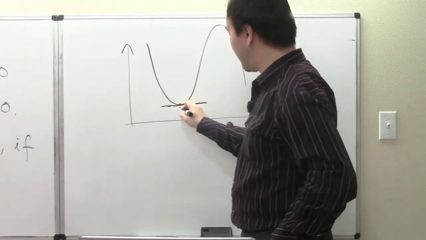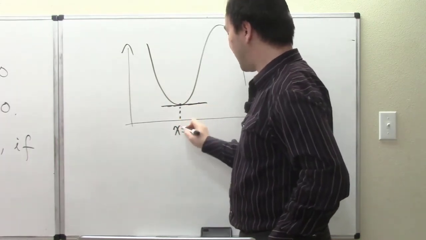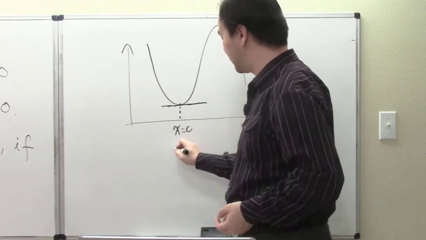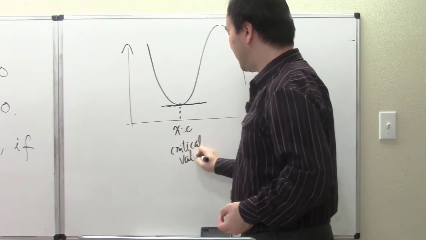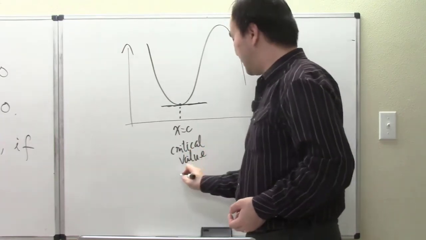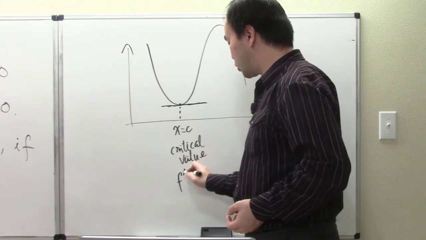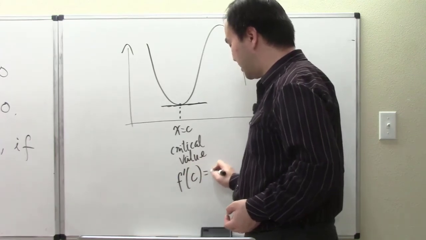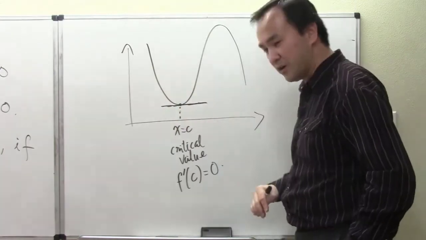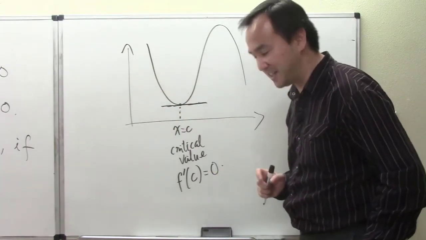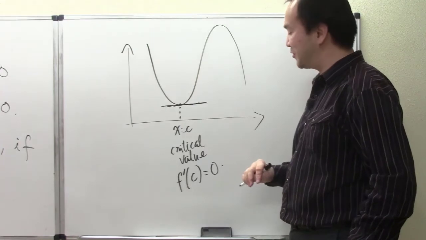We refer to that x value as a critical value, which we already learned in the earlier lesson. So the derivative of the function at x equals c must be equal to 0 or undefined. But in the case I'm drawing, I'm pretty sure it's equal to 0, not the undefined case, because it's not a sharp angle turn.